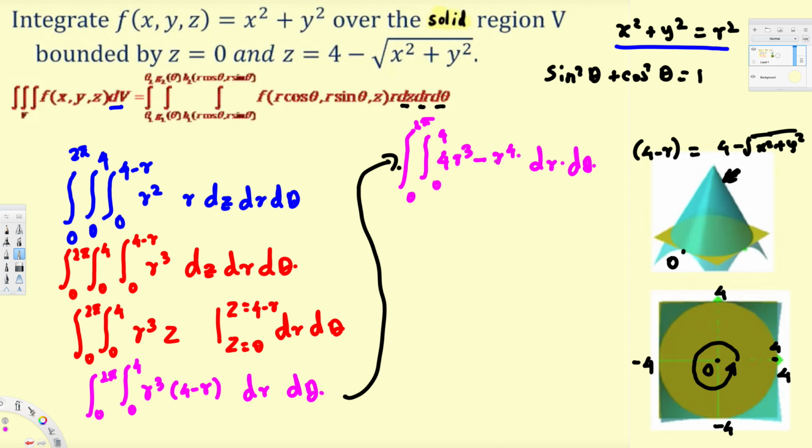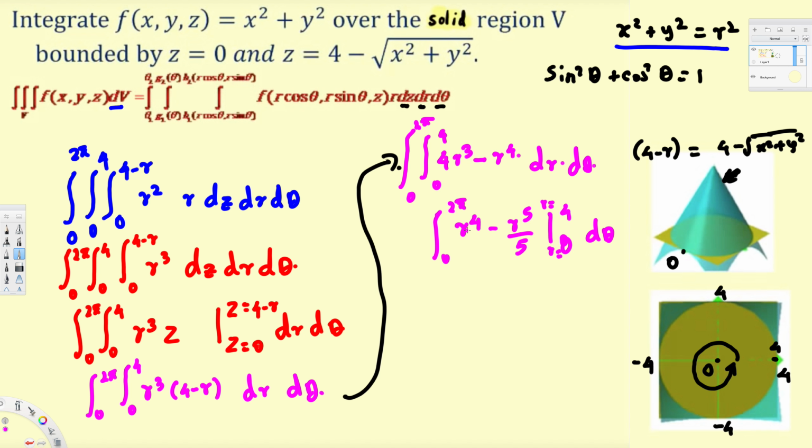Now if we integrate this one with respect to r, this is going to turn into 4 times r to the power 4 divided by 4, so the 4 cancels and we just get r to the power 4, and here we have r to the power 5 divided by 5, going from 0 to 4, and outside we have 0 to 2 pi d theta. Also it's better to write r is equal to 4, r is equal to 0, but here we only have r.